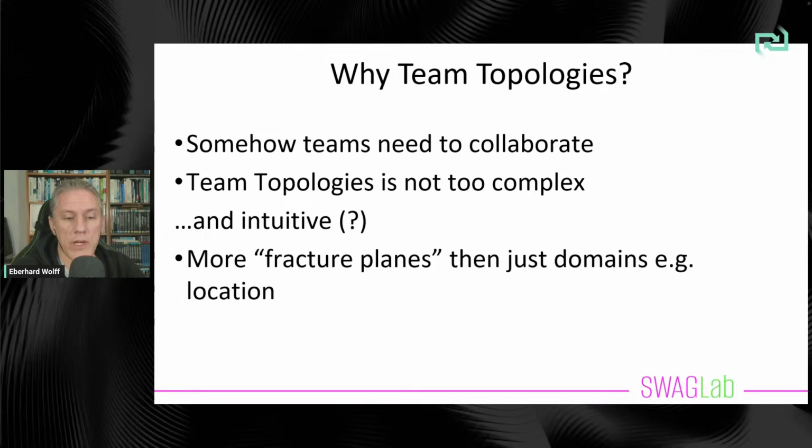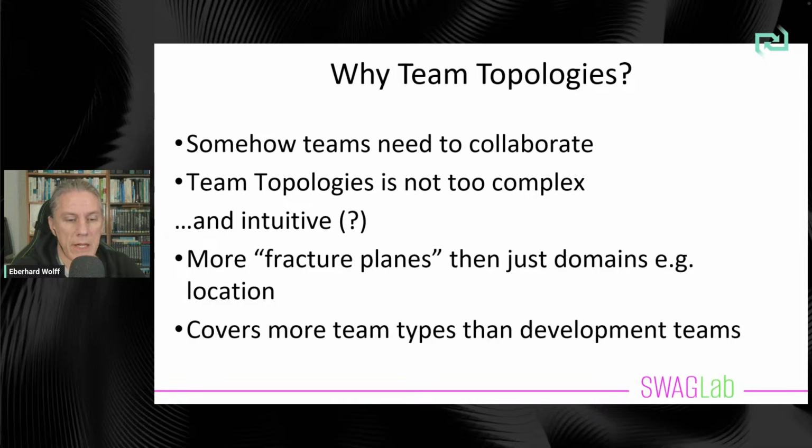And it also gives more fracture planes than just domains. So what the inverse Conway maneuver in a way says is that we assign a domain to some team. In real life, we do have teams that are responsible for some technical stuff, not for some business domain, like, for example, building an iOS application that uses all the APIs that other teams provide.